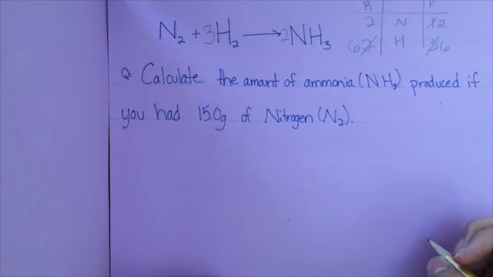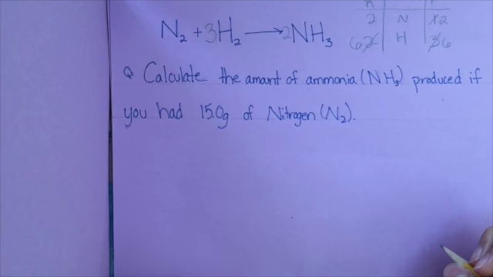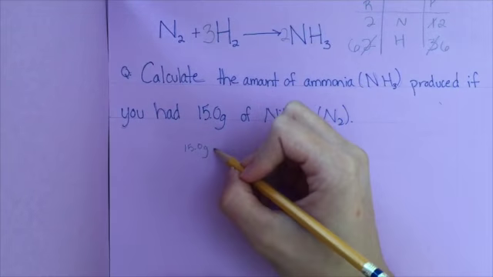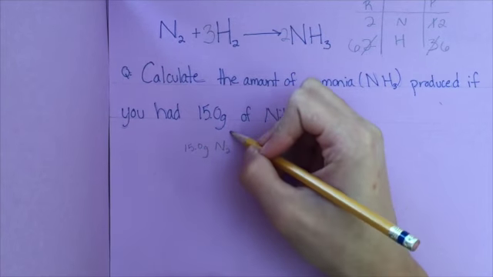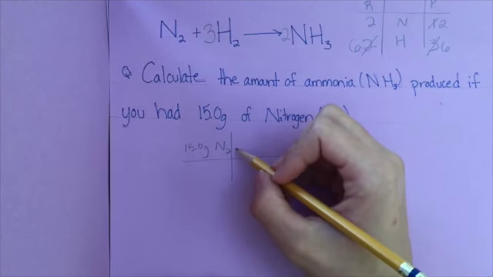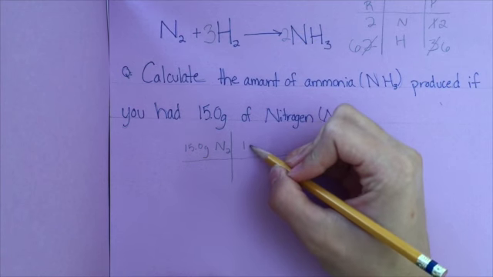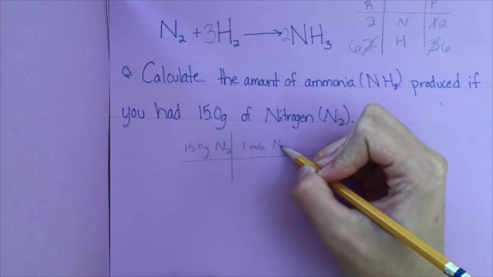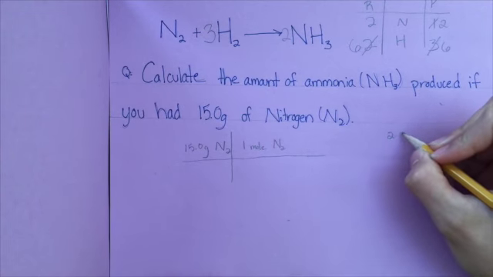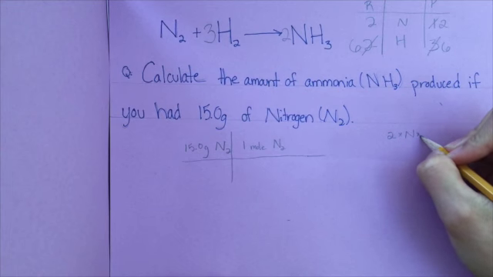So now we get to calculating the amount of ammonia if I had 15.0 grams of nitrogen. So we have this amount right here, 15.0 grams of nitrogen. And you would need to find how many grams of nitrogen are in 1 mole of nitrogen. To find that, since you have 2 nitrogen, we do it as such.